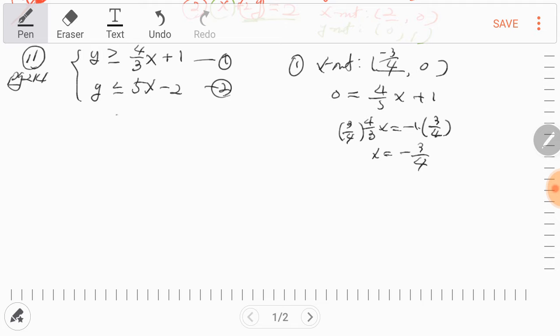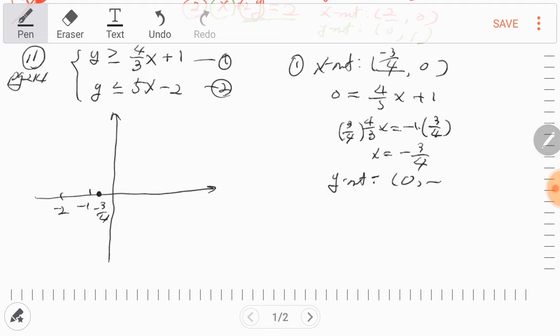So let me draw this point. x is -3/4, between -1 and 0. Then for the y-intercept, set the x value to 0.